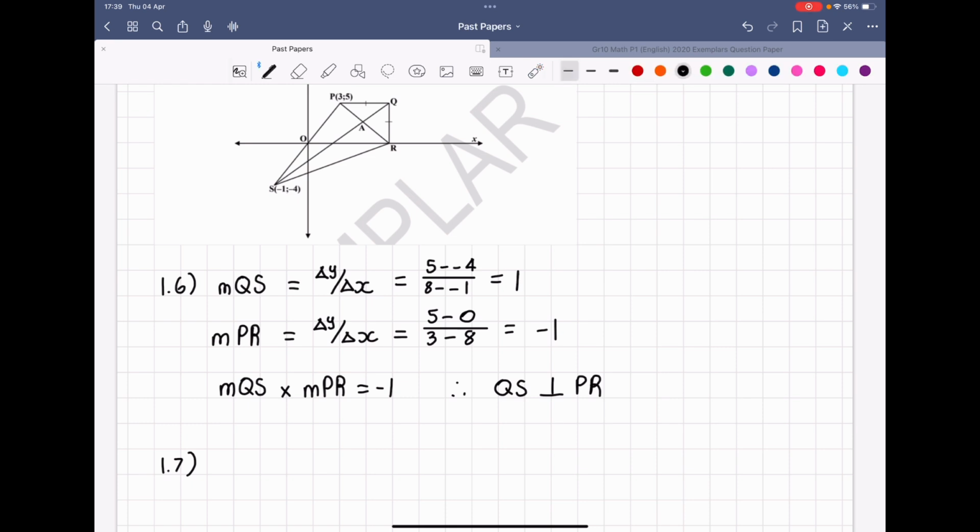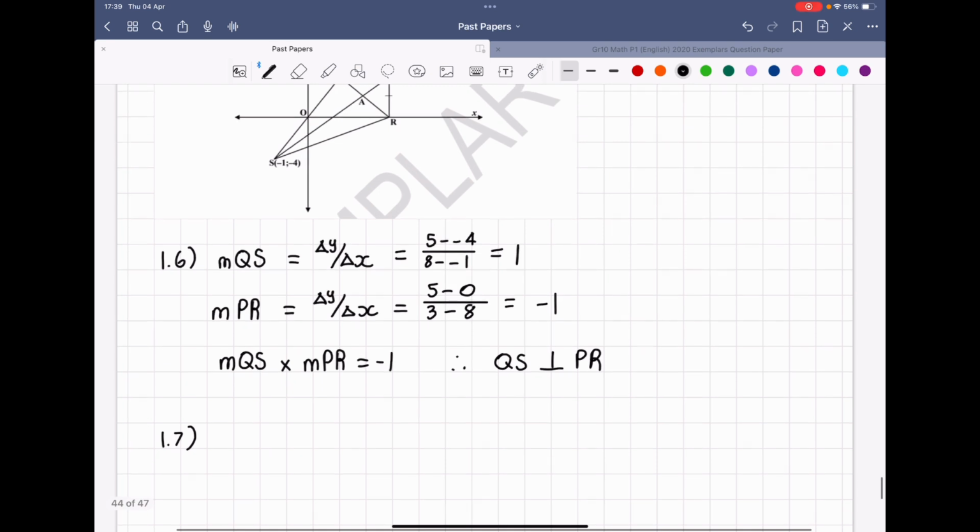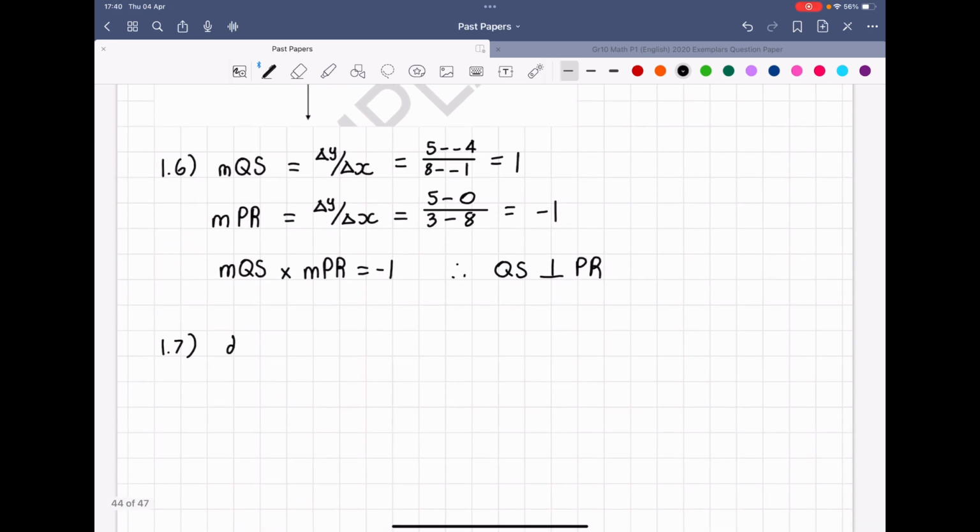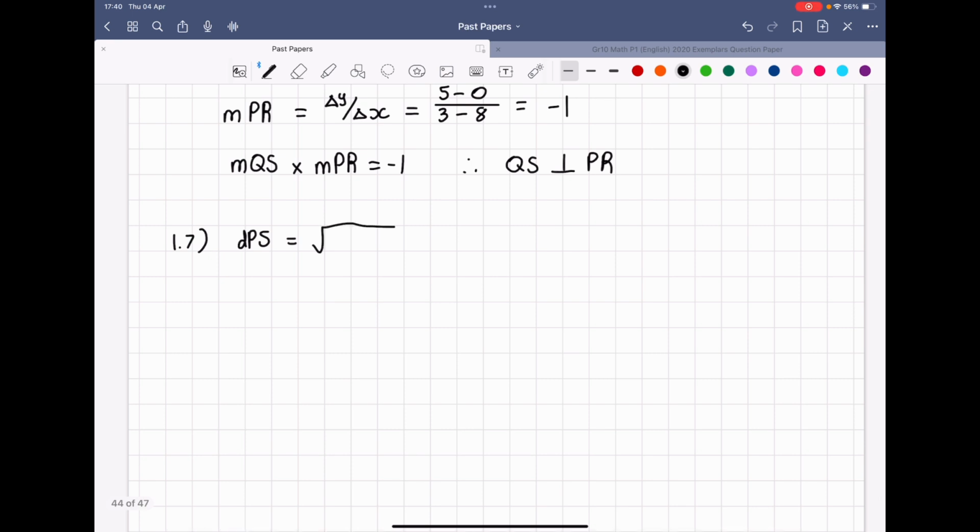So we can find out the length of those sides by doing the distance formula again. So we want the distance PS, and that's going to be xp minus xs squared plus yp minus ys squared.